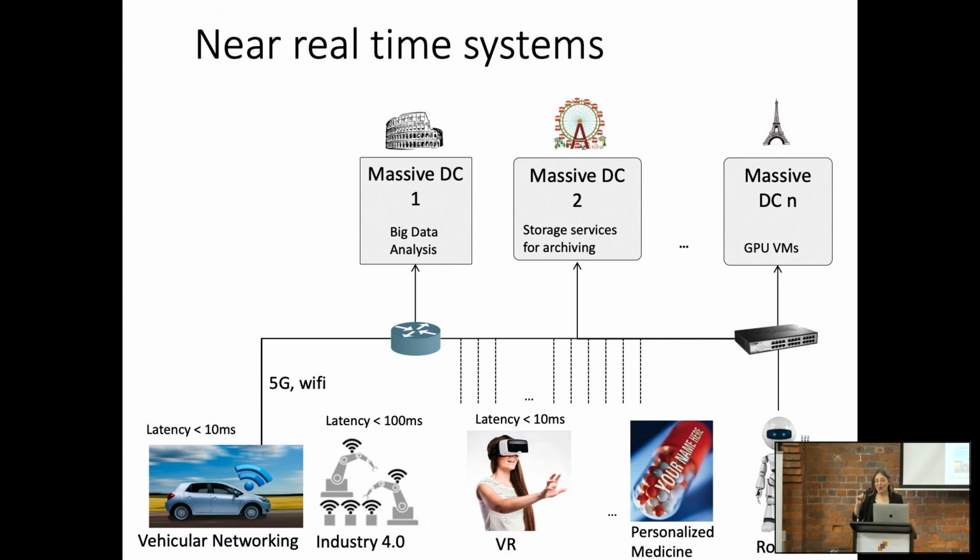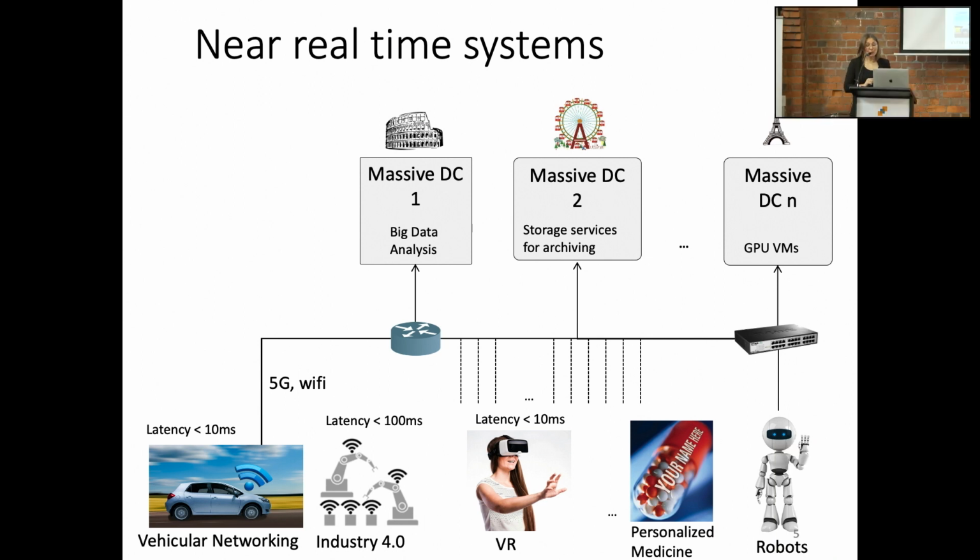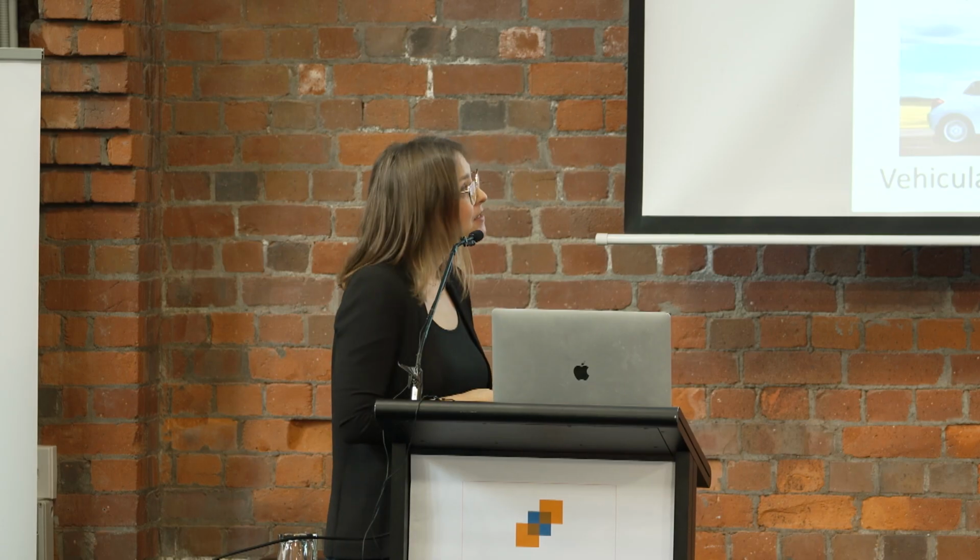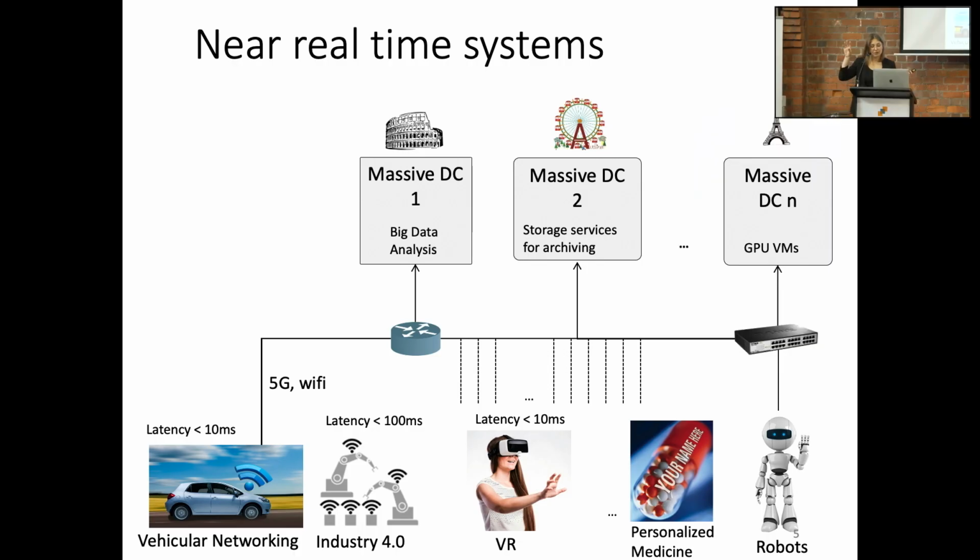Okay, so what happens now? We have a so-called continuum of computational devices that are necessary to perform the computation of life-changing applications that we have nowadays, starting with vehicular networking, cyber-physical systems, virtual reality, personalized medicine.